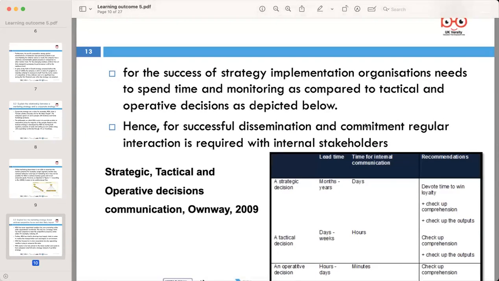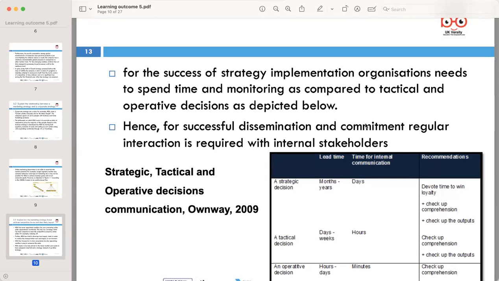So for successful strategy implementation, organizations need to spend time on monitoring as compared to tactical and operative decisions, as depicted below. Hence, for successful dissemination and commitment, regular interaction is required with internal stakeholders.